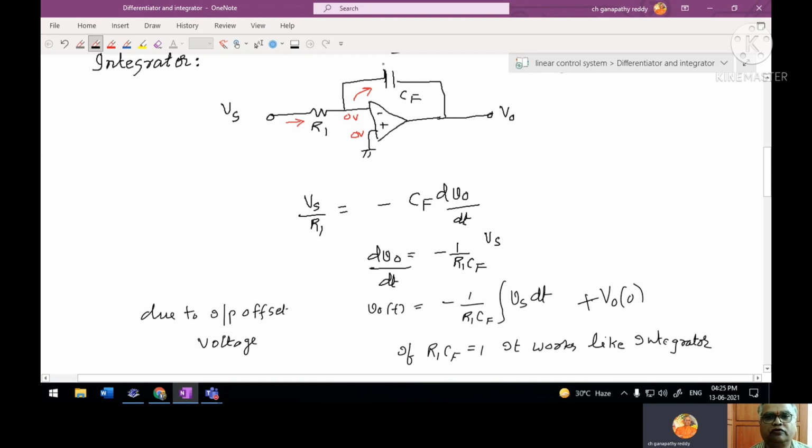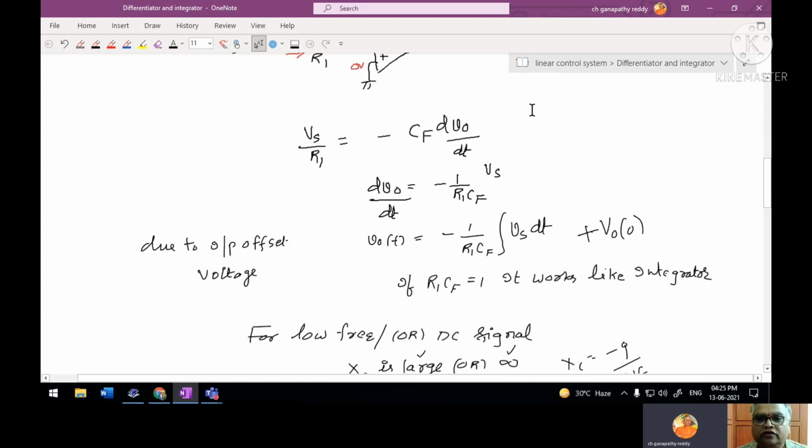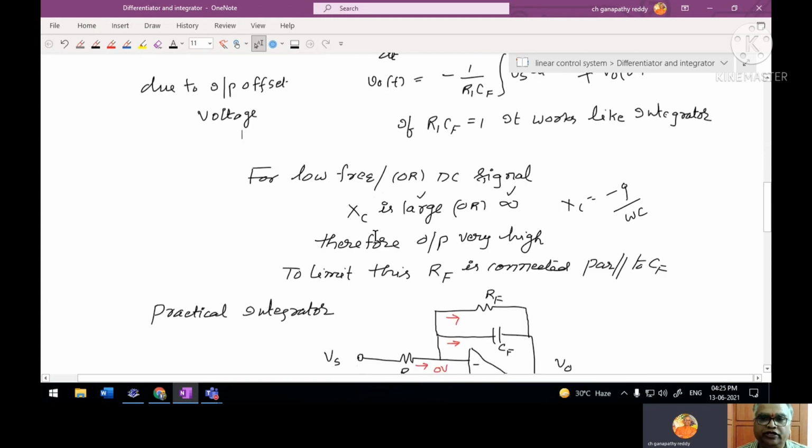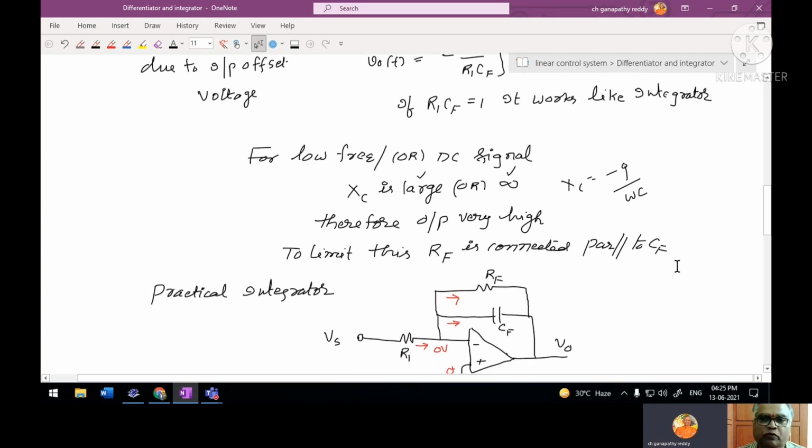This current will flow through a very, very high reactance. Hence, you get a very high voltage. To limit or prevent this high voltage, another resistance RF is connected parallel to CF.